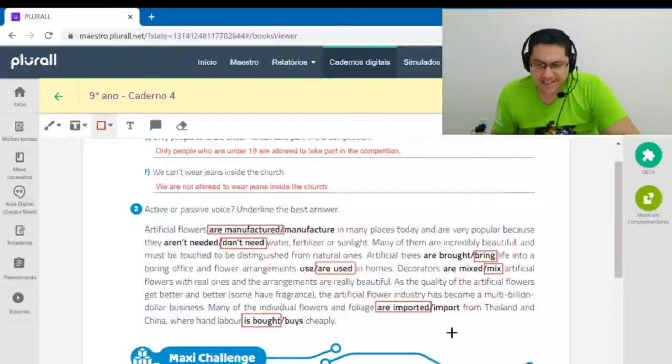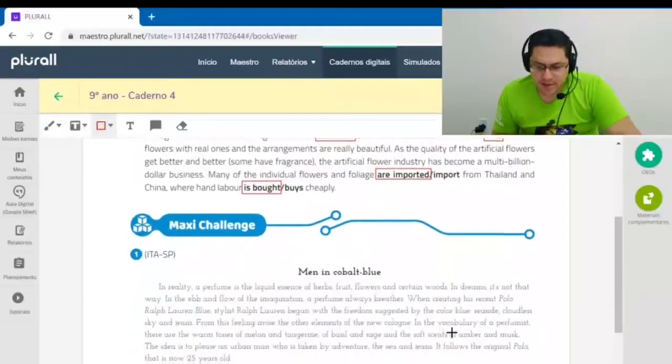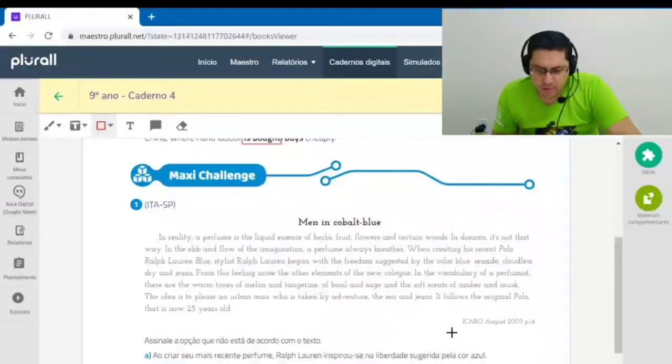Okay, that's it. Maxi challenge. Man in cobalt blue. In reality, a perfume is the liquid essence of herbs, fruits, flowers, and certain woods. In the dreams, it's not that way. In the ebb and flow of the imagination, a perfume always breathes.